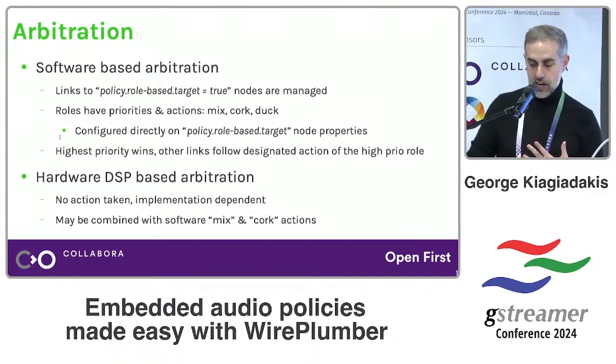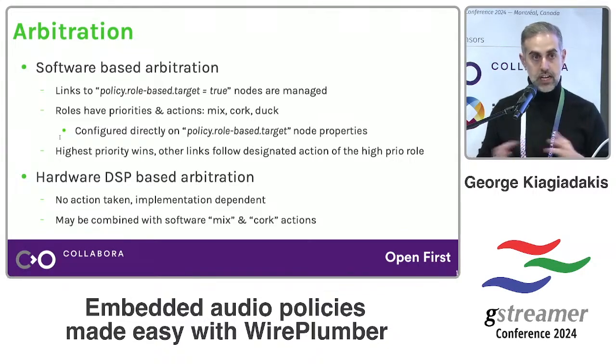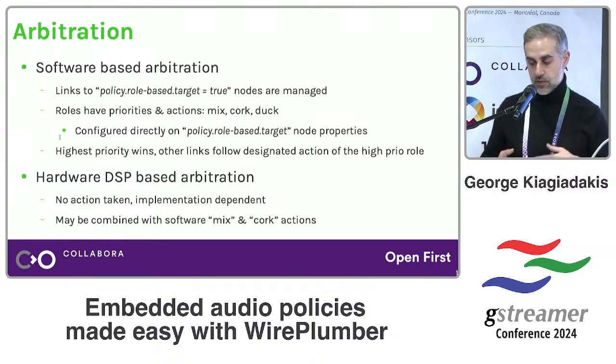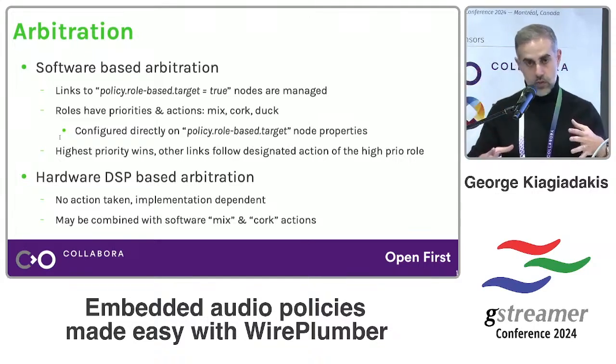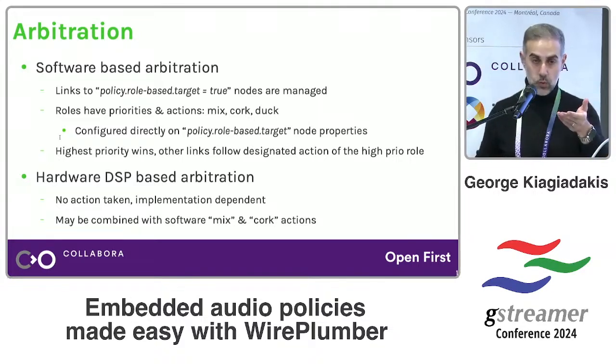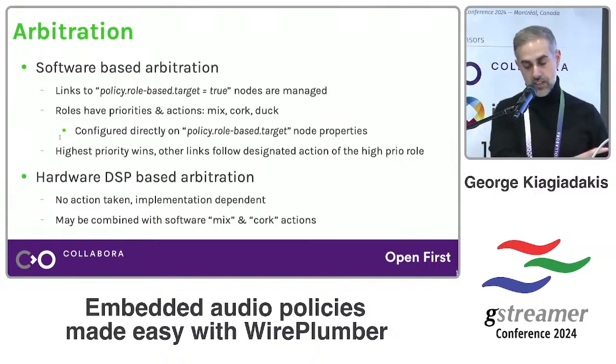And the rules are basically that each role has a priority and has an action. And the action can be mix, cork, or duck. So mix meaning that the two links will just continue to exist together and the audio will be mixed. Cork is that the higher priority link will be audible and the other one will stop. So that stream will be stopped temporarily.